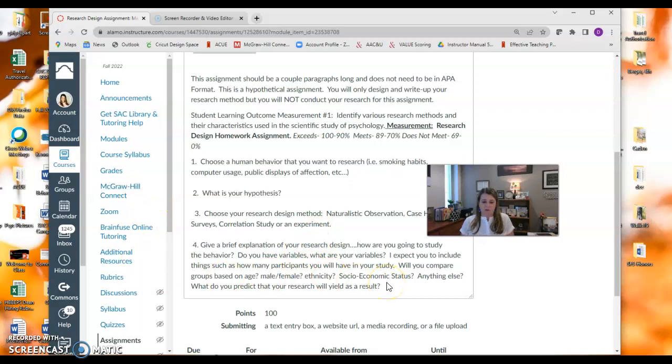Think about if you were going to hand your research design to somebody else, would somebody else be able to replicate, which means do the study again exactly in the manner that you did it? If so, that shows that your study is replicable and it increases the reliability and validity. If you don't have those things, if someone else can't get the same results from your study, then it's considered invalid. So be as specific and detailed as you possibly can here, okay?